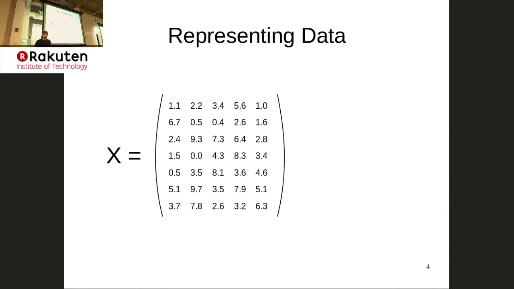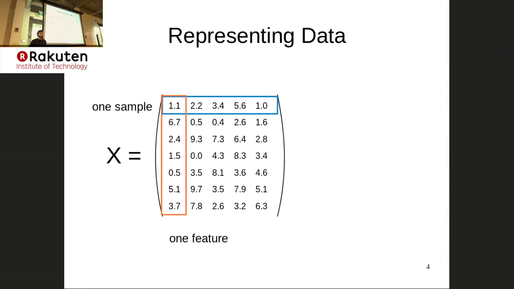All of Scikit-learn assumes that we represent our data as a 2D array or matrix, where each row corresponds to one sample, and each column corresponds to one feature. One sample is one data point, one thing I want to reason about. One feature is a property, like age of a customer. That's the standard data format.